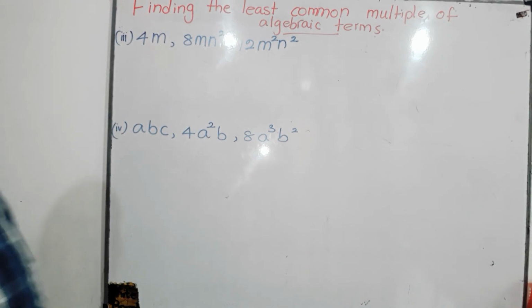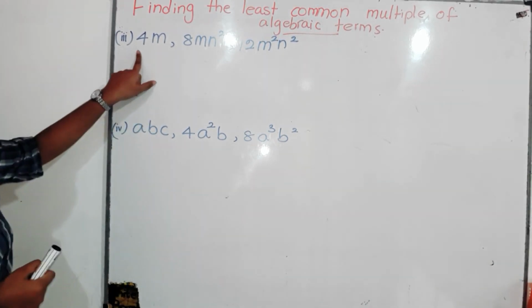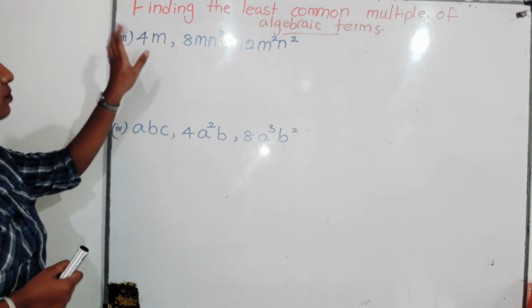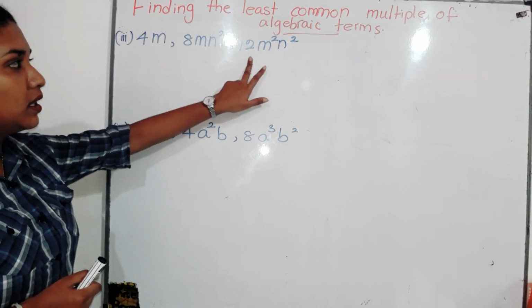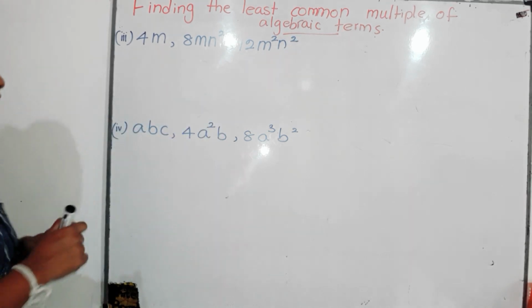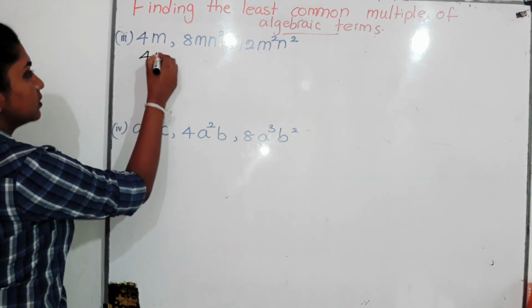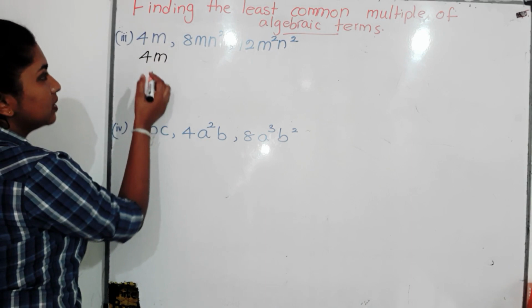Okay, now let us try another two examples. Here we have to find the LCM of 4m, 8mn squared, 12m squared n squared. First thing is we have to write these three numbers vertically.